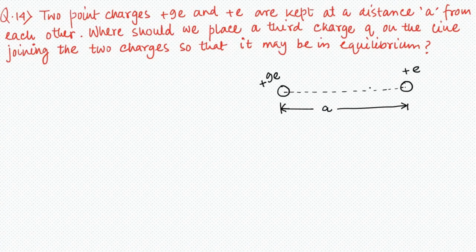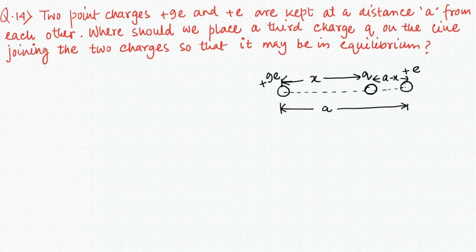Now we have to place a third charge Q on the line joining these two charges. So we can assume the distance of this Q charge to +9e is x. So from the other charge, +e, to Q would be a minus x.